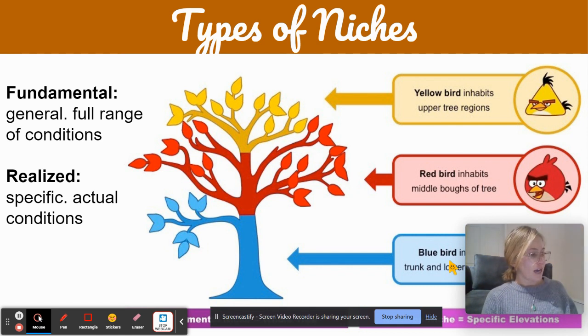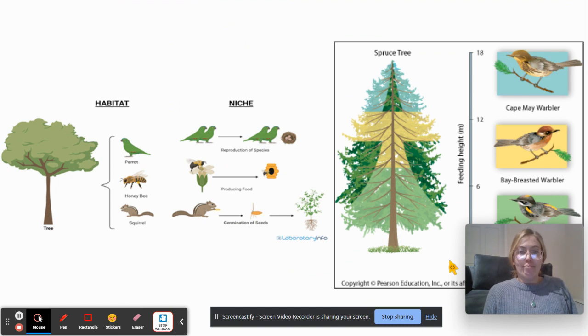So let's go back to carrying capacity now. That was on the front page. It's also number 3 here, so it's kind of split up between two of these. I keep forgetting about these second diagrams I have. So this is a more realistic example of a fundamental versus realized niche, not Angry Birds, but actual organisms.